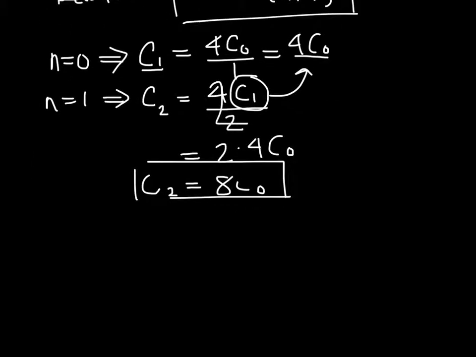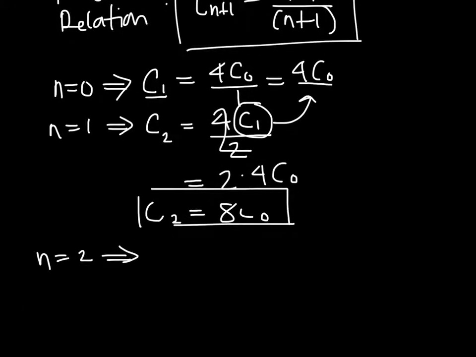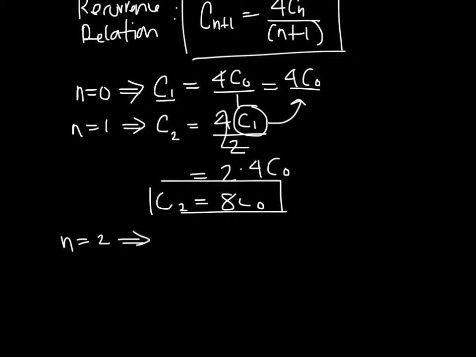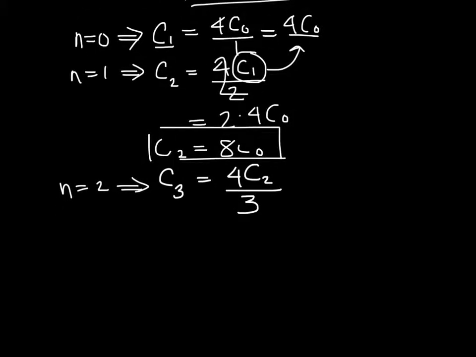Well, another one. What if n is 2? If n is 2, then going back, I have C2 plus 1, or C3, equals 4Cn, or in this case 4C2, over 2 plus 1, that's 3. So I have 4/3 C2, but I want to write my Cn's in terms of C0.